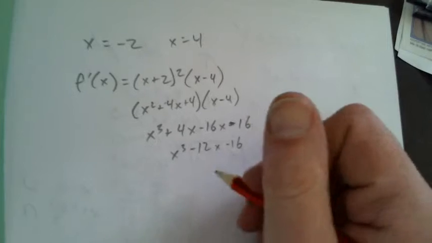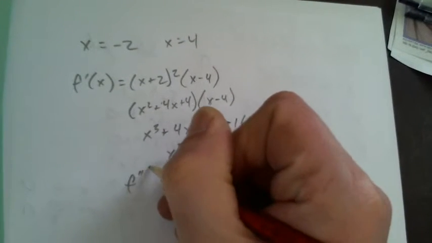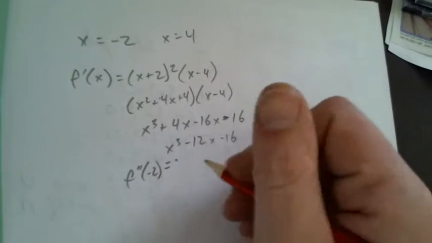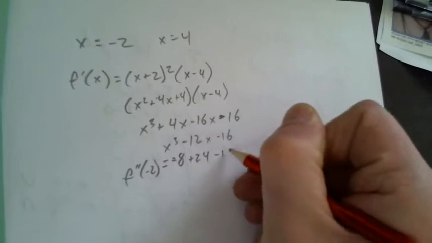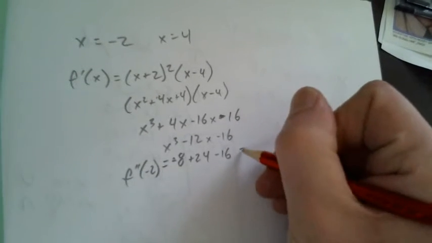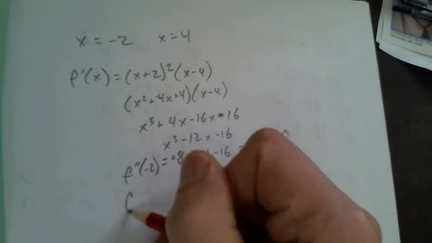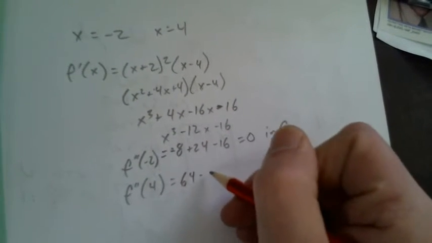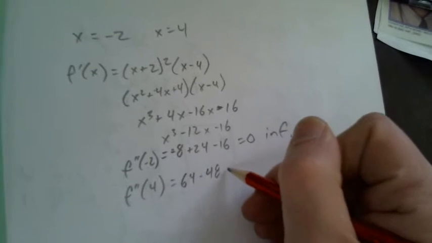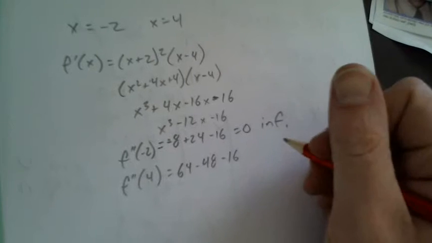So we plug in -2, we get f double prime of -2 equals -8 plus 24 minus 16. That equals 0. That's an inflection point. F double prime of 4 is going to be 64 minus 48 minus 16. Also an inflection point.